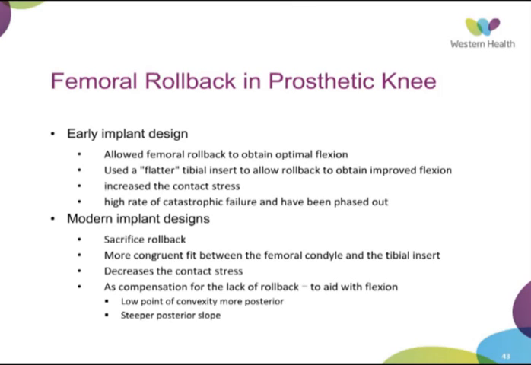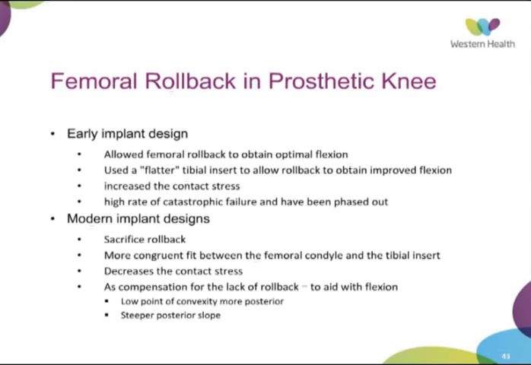So a lot of modern implant designs look at sacrificing the rollback to decrease the contact stresses. And they do this by having a more congruent fit between the polyethylene tibial insert and the femur. And this decreases those stresses by providing a bigger surface area of articulation.